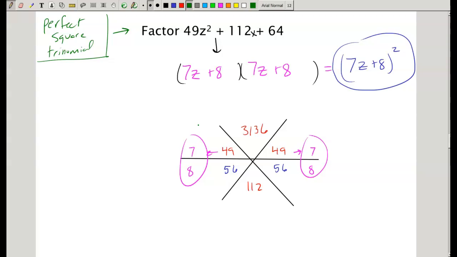But the perfect square trinomial says if the first term is a perfect square, so let's say we have an a squared, and the last term is a perfect square as well, so let's say this is b squared, a squared plus b squared, and then you have this middle term which happens to be 2 times a times b, which is the case here, right? Then this could be factored to a plus b squared.